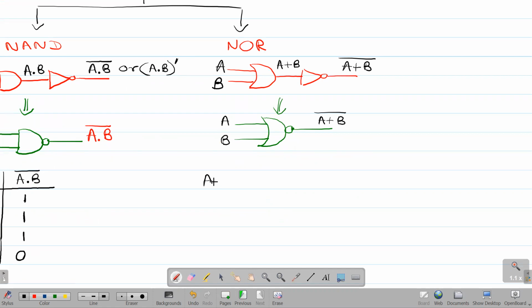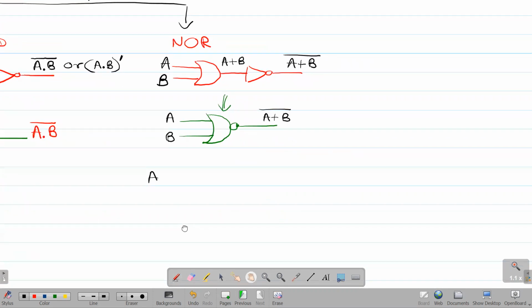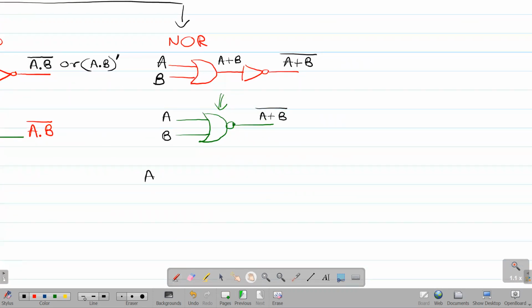We have A, B, A plus B, then after inversion, the total bar.